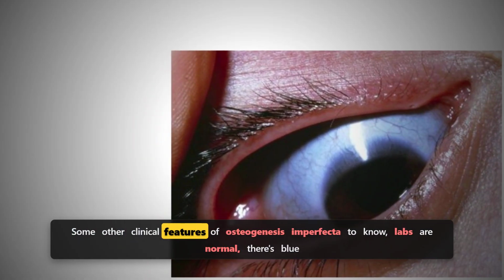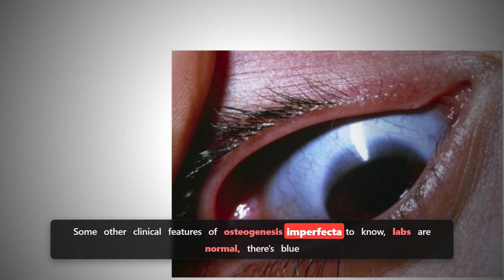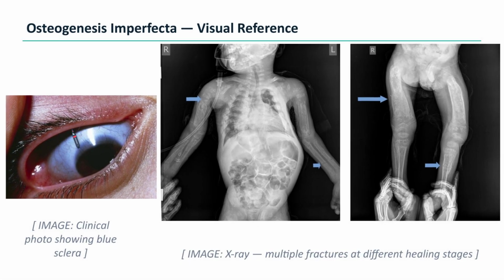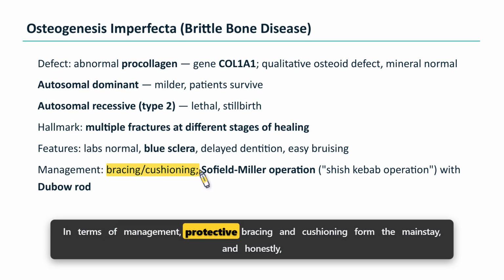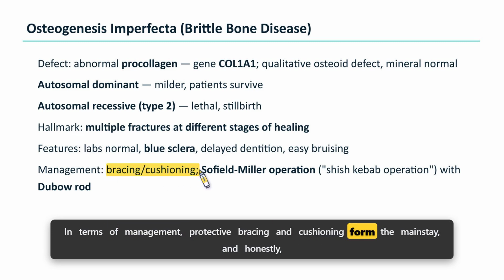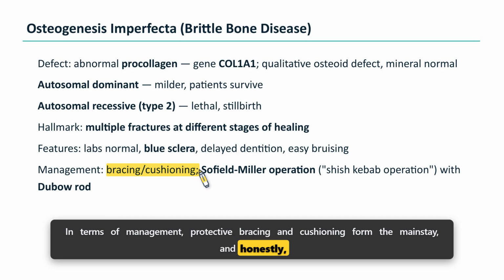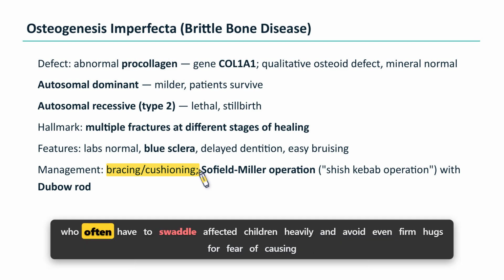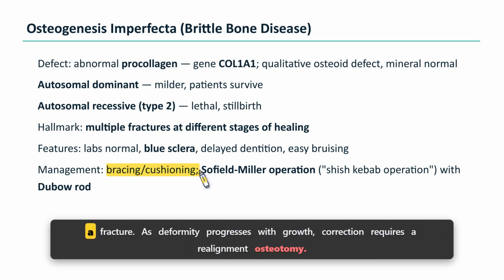Some other clinical features of osteogenesis imperfecta to know: labs are normal, there's blue sclera, delayed dentition, and easy bruising. In terms of management, protective bracing and cushioning form the mainstay, and honestly, this is a genuinely difficult situation for parents, who often have to swaddle affected children heavily and avoid even firm hugs for fear of causing a fracture.